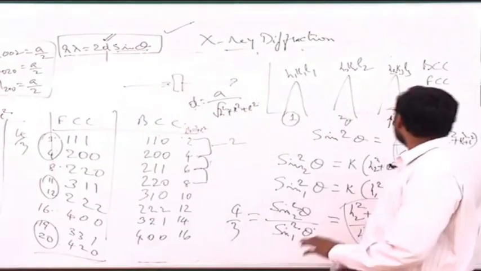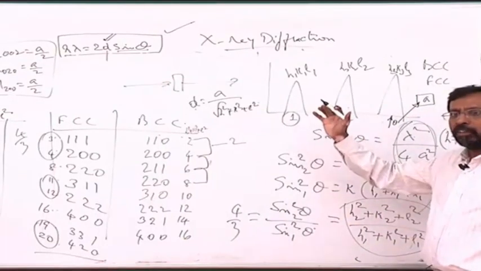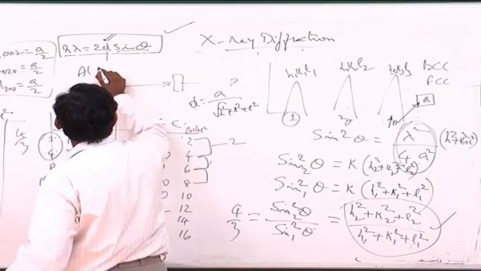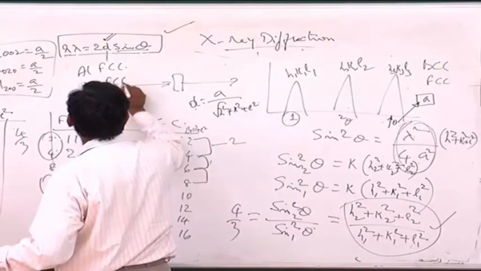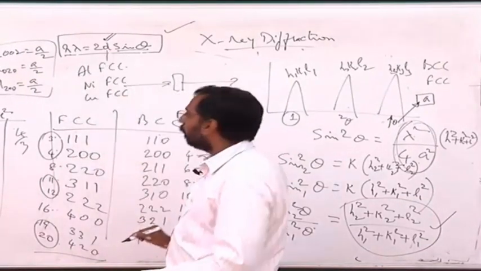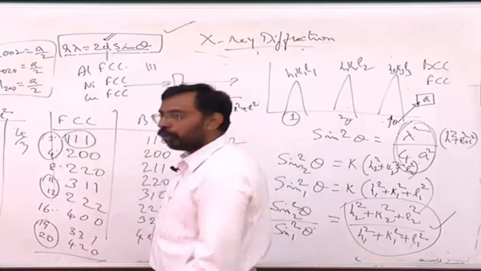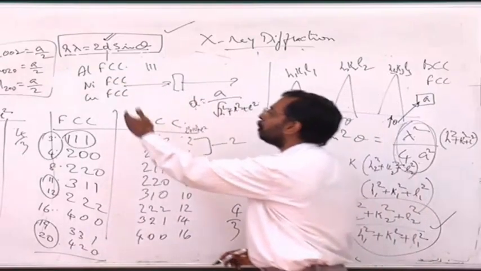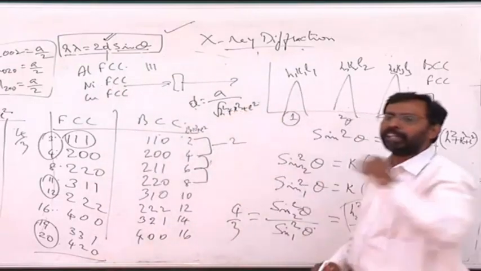Okay. So for same HKL, if I am comparing two materials with two different lattice parameters, for example, aluminum FCC and another such as nickel FCC or copper FCC, because the lattice parameters of all of them will be different, the same peak, let's say the first peak, the 111 peak of aluminum will appear at a different theta, and the 111 peak of copper will appear at a different theta, and the 111 peak of nickel will appear at a different theta.